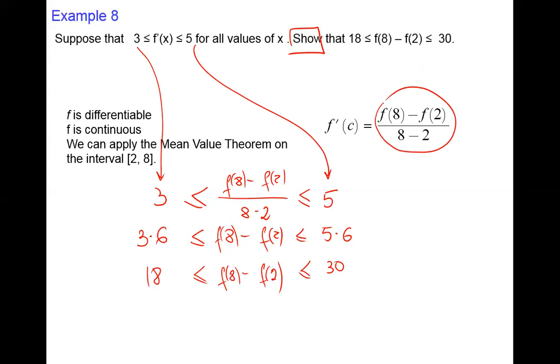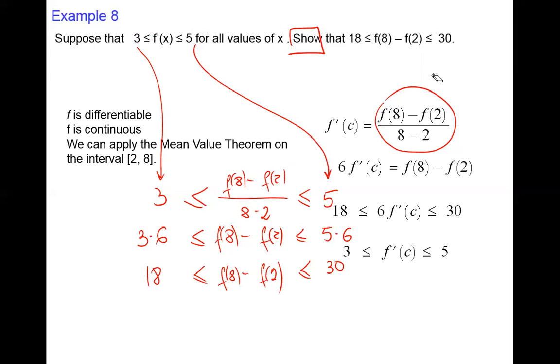Okay, and let me just check one more thing. I did a little bit different, you can check. What I did, I start with the derivative being between 3 and 5. This one, I did show that actually the derivative is between 3 and 5.